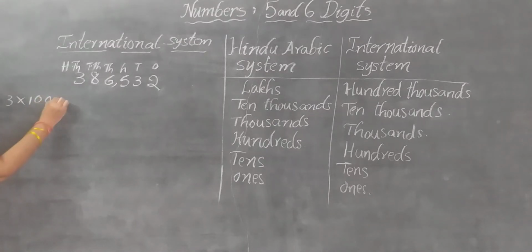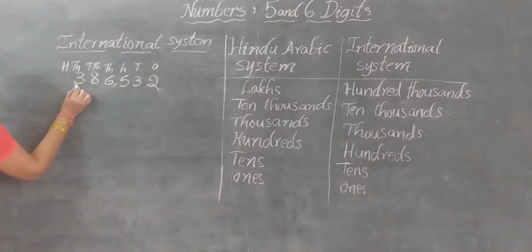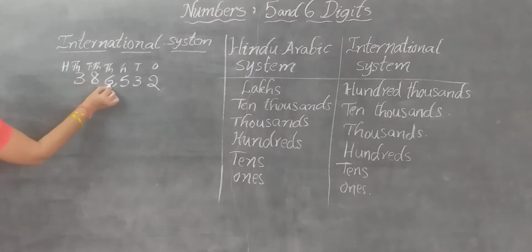That means 3 into 100,000, 300,000. So we have to read this as 386,000.